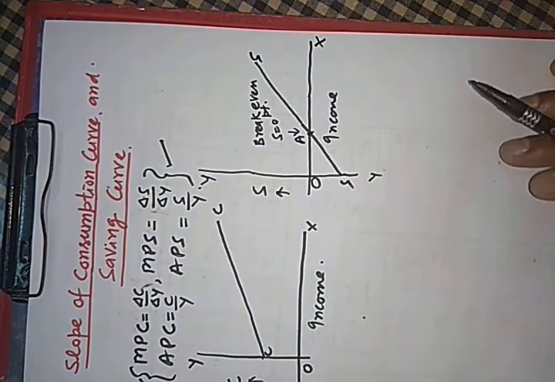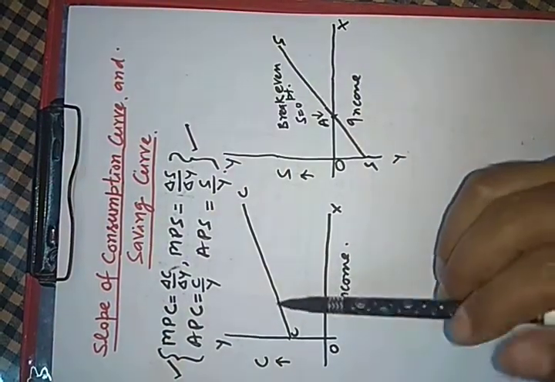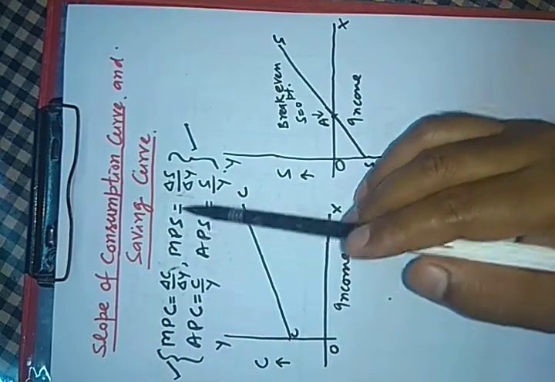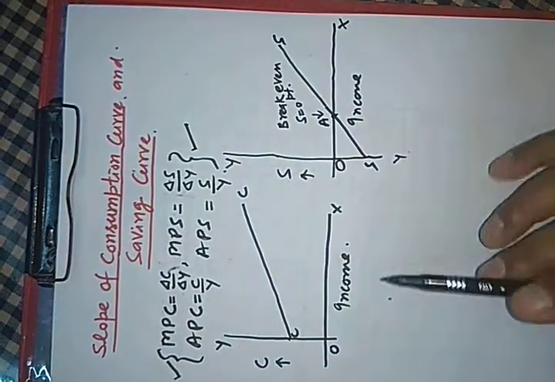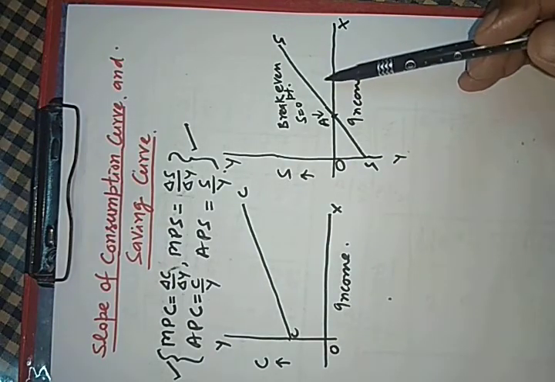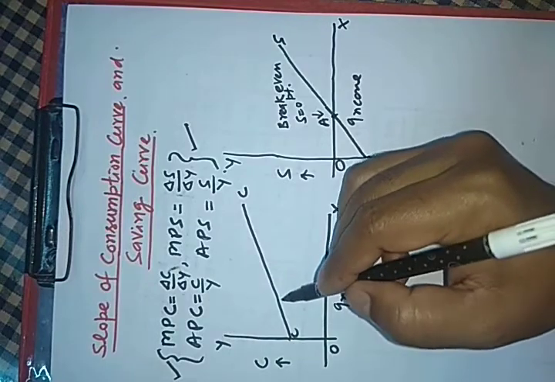So first you understand how we can show these terms MPC, APC, MPS and APS on the consumption curve and saving curve. Okay, first suppose there is an income level.